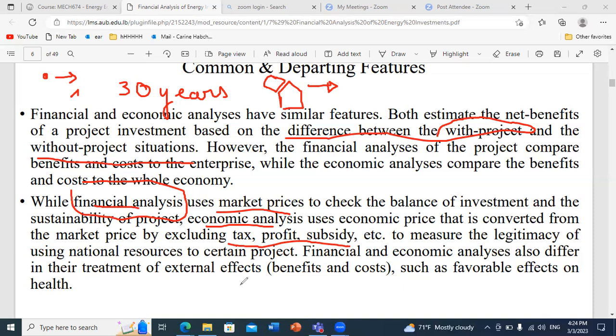You need to pay money for medicaments, etc. So all of these costs should be considered then, because the society will pay for this.